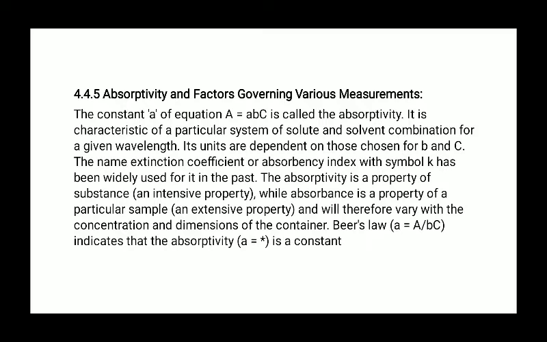The names extinction coefficient or absorption index, with symbol k, have been widely used for it in the past. The absorptivity is a property of the substance and an intensive property, while the absorbance is a property of a particular sample and an extensive property, and will therefore vary with the concentration and dimension of the container.